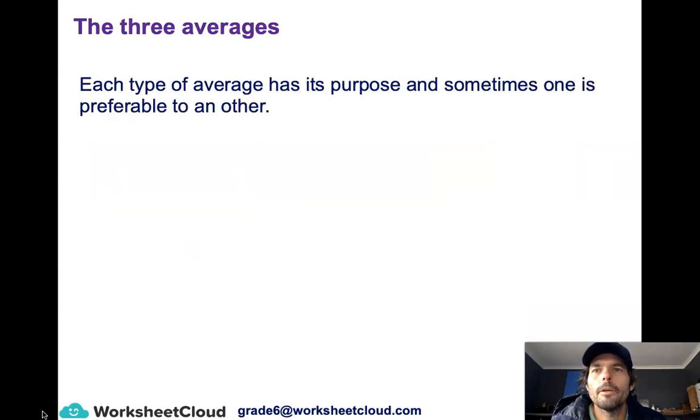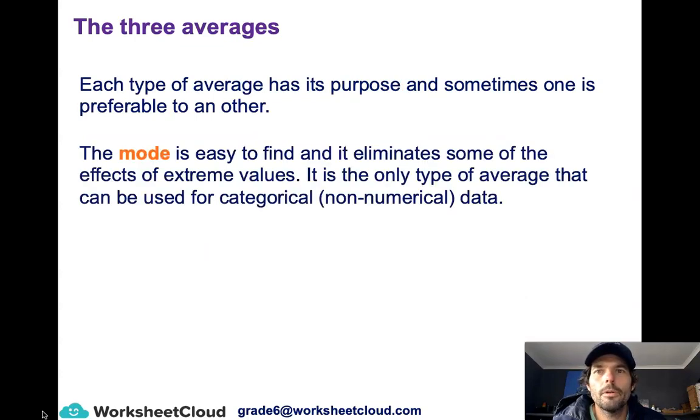Each type of average has its purpose, and sometimes one is more preferable to the other. The mode is easy to find, and it eliminates some of the effects of extreme values. Just remember that your mode is your most common value in a set of data. You can have two modes, you can have more than two modes, and a set of data can also have no modes if there's no repeated entry.